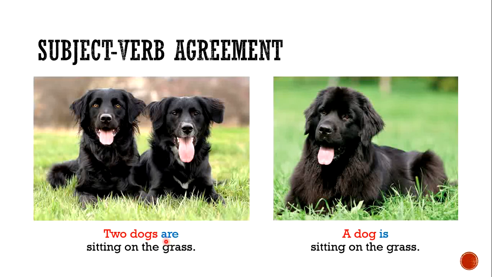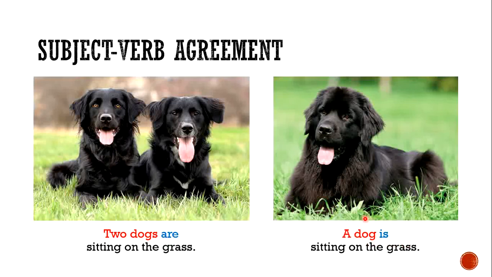Following that, the verb is also plural. We do not say two dogs is sitting on the grass, because the verb and subject must have an agreement. That means if the subject is plural, the verb should be plural.